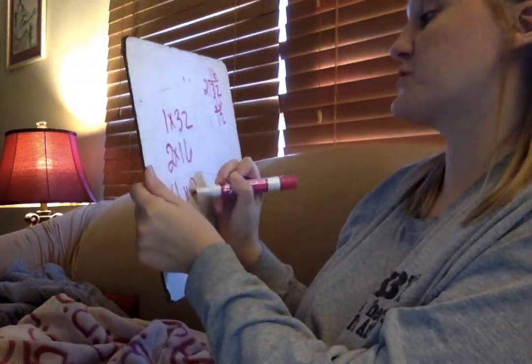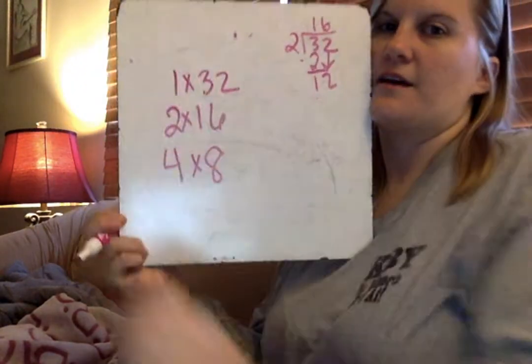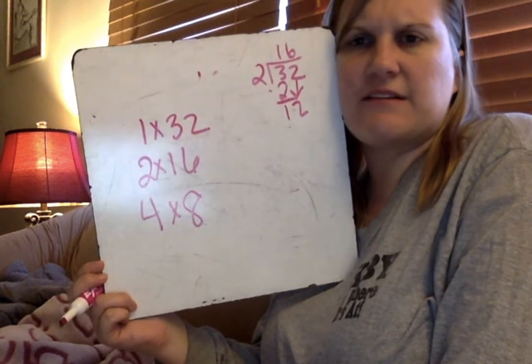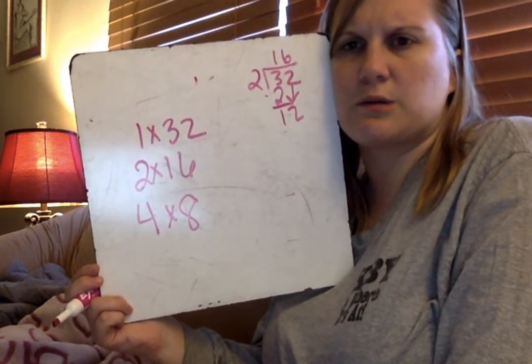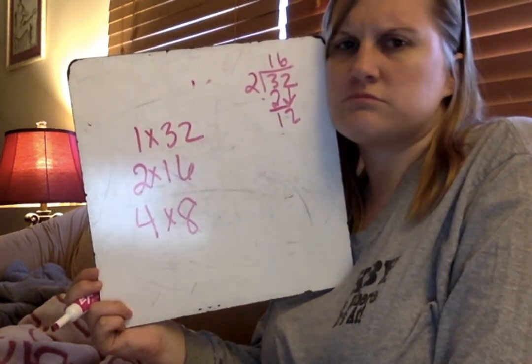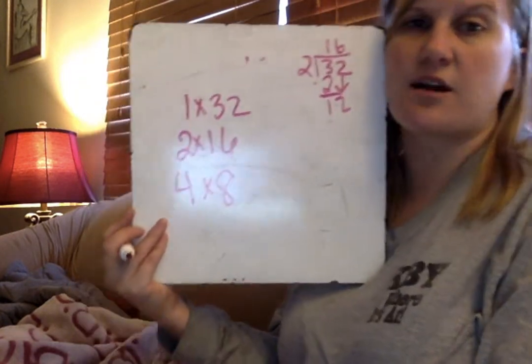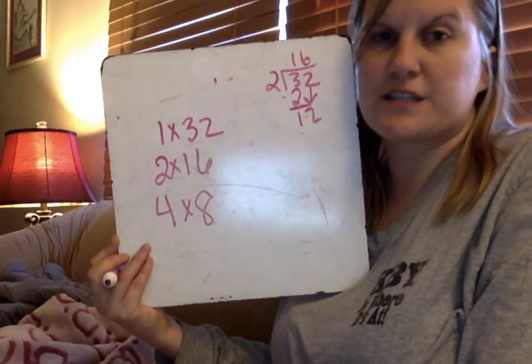For your factors, you have to know multiplication. You really just have to know them. 5, nothing times 5 equals 32. 6, no. 7, no. And we already said something times 8. So we've listed all of our factors for 32.